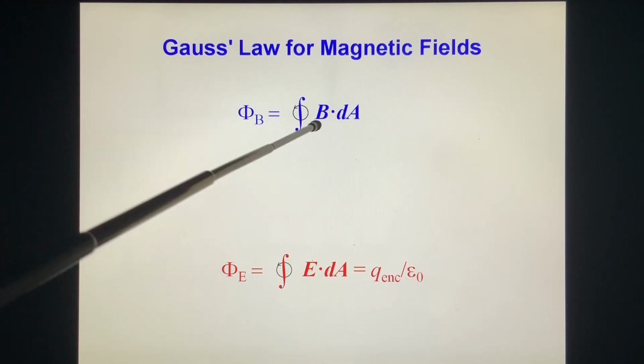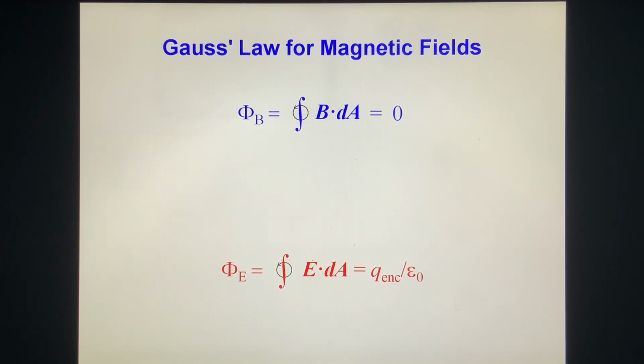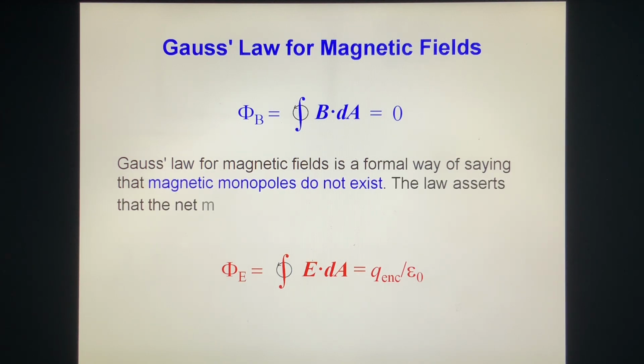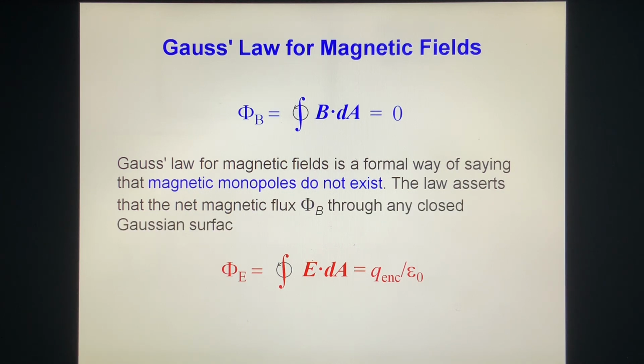But for the magnetic field, it's always equal to 0. Gauss's law for magnetic fields is a formal way of saying that magnetic monopoles do not exist. The law asserts that the net magnetic flux phi B through any closed Gaussian surface is 0.